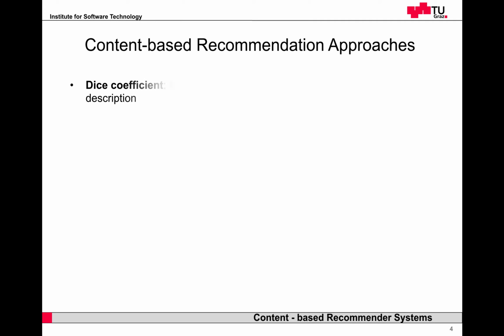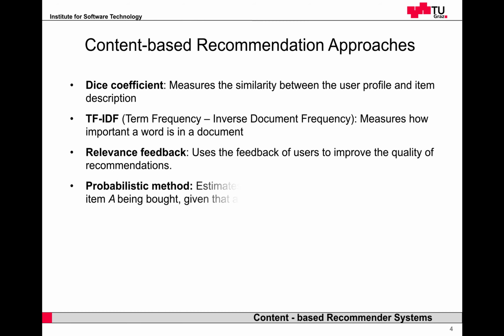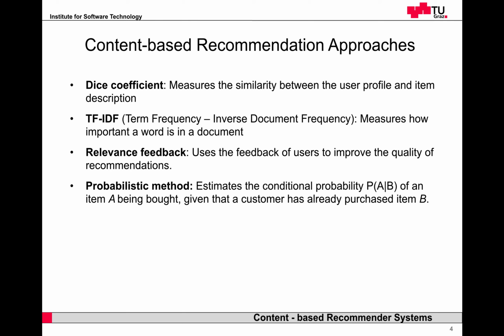In the next slides, we will discuss some common approaches to generate content-based recommendations. In this unit, we will go through 4 approaches. The first approach is the Dice coefficient, measuring the similarity between the user profile and item description. The second approach is TF-IDF, term frequency inverse document frequency, measuring how important a word is in a document.